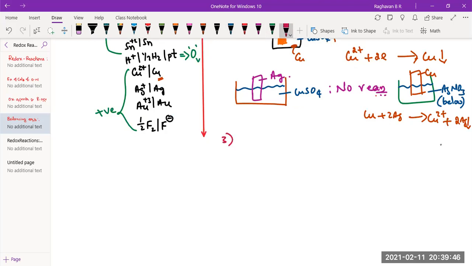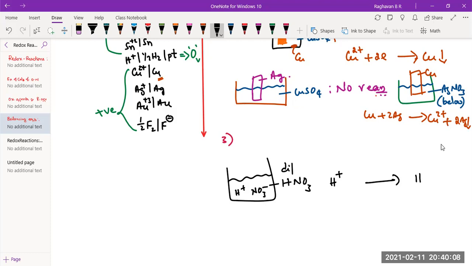Now let's say we have taken some acid here, dilute HNO3 or HCl. Okay, so dilute. No doubt there are H plus and NO3 minus ions. I want to liberate hydrogen from dilute acids. If you want to liberate hydrogen gas, H2, from dilute acids, what do I have to do? Give electron. Give electron to hydrogen, then it liberates out. Who will give electron? Upar wala.